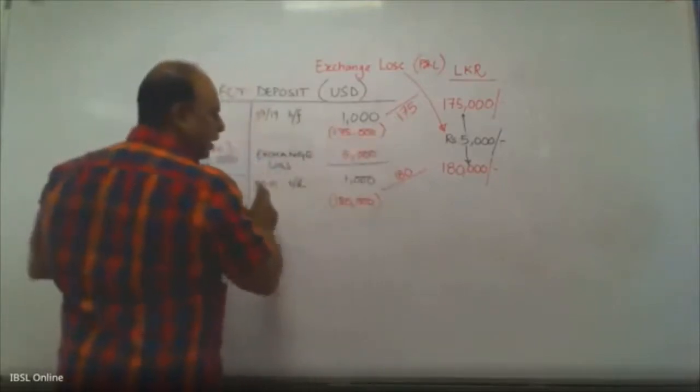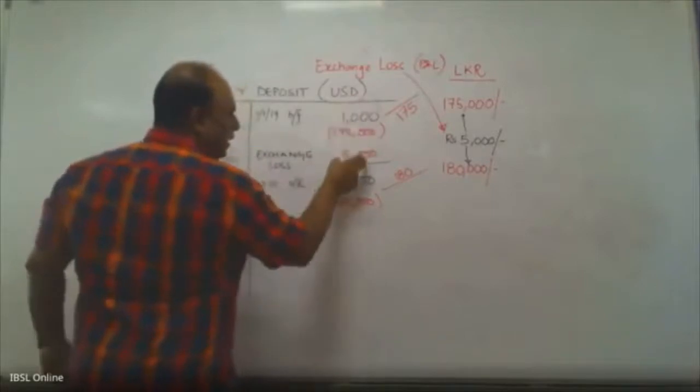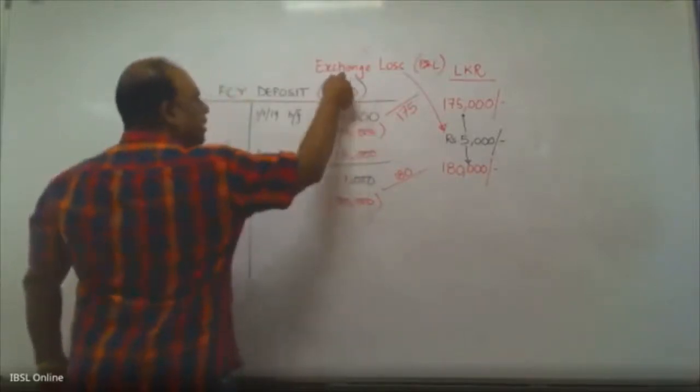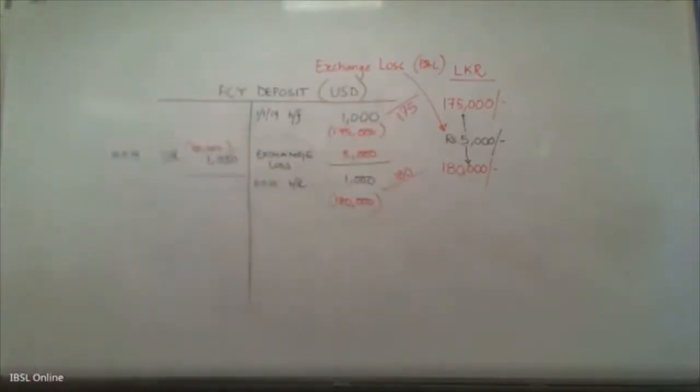So I will bring in another 5,000. I am crediting this account with 5,000 rupees, which means I have to debit my exchange loss account with 5,000 rupees. This is how the exchange rate differences take place. Now, what is actually happening?